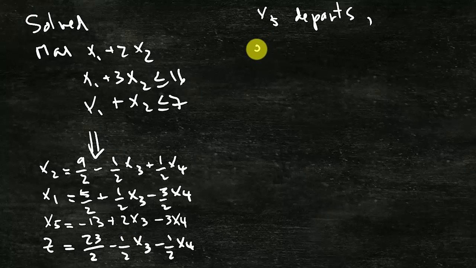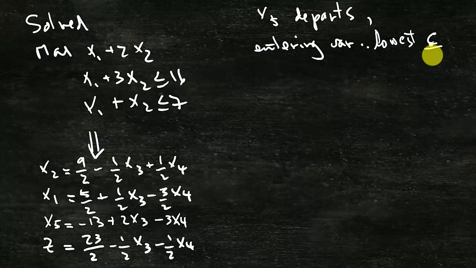So entering variable, we take the lowest. The argument for the departing variable in the simplex, as this increases and that decreases, was more straightforward. The argument here is a little bit more complicated, so I'll just tell you what it is. It's the smallest c over a, where a is positive.